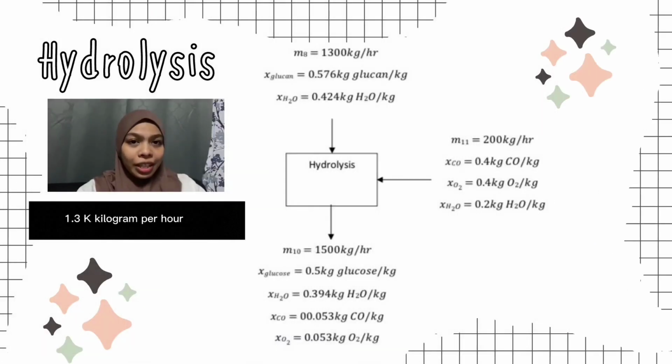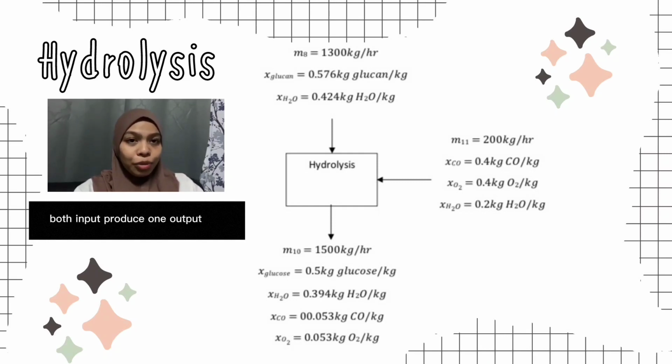1300 kg per hour is a feed to hydrolysis that contains 0.576 kg of glucan and 0.424 kg of H2O for the first input. For the second input, 200 kg per hour is a feed that contains 0.4 kg of CO, 0.4 kg of O2 and 0.2 kg of H2O.